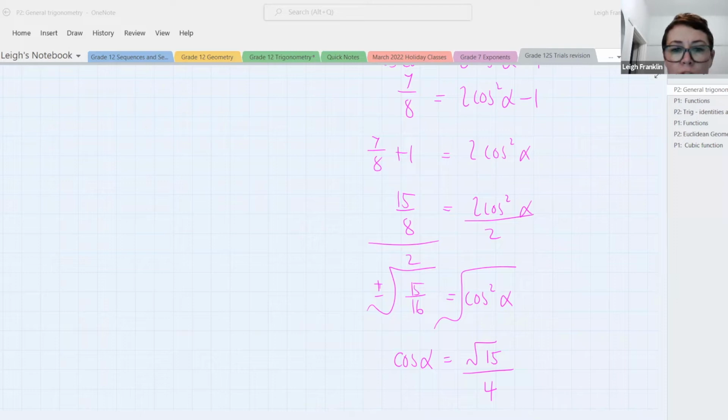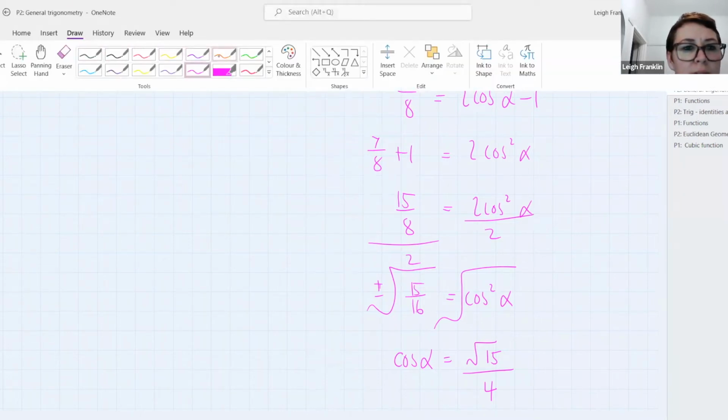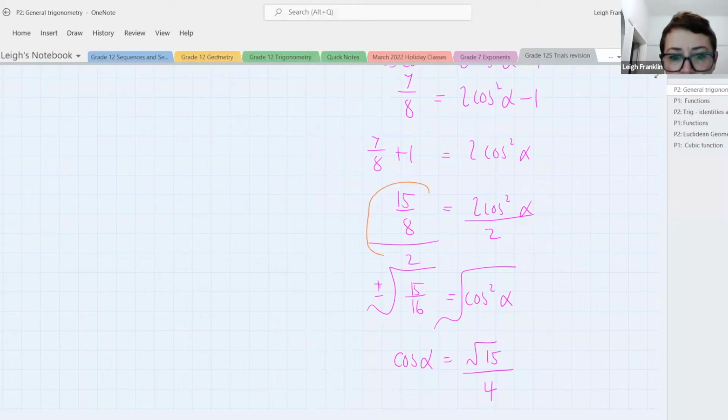So this fraction over here, if you wanted to, you could write this as 15 over 18 times 1 over 2, or you could write it as 15 over 18 divided by 2, instead of writing it as a complex fraction.